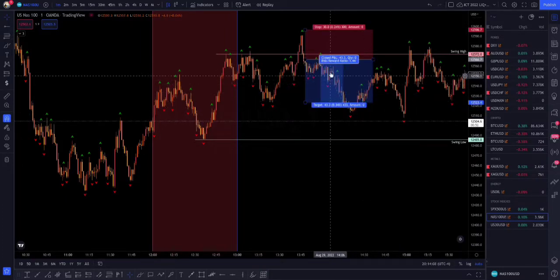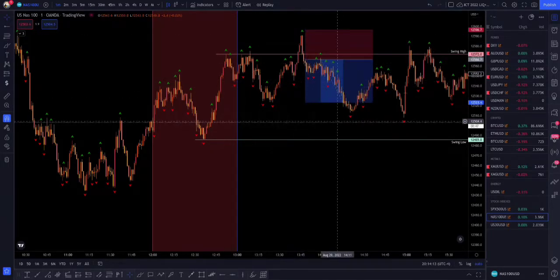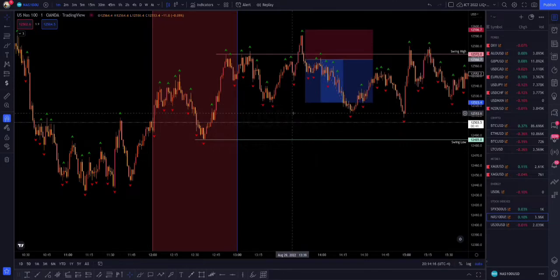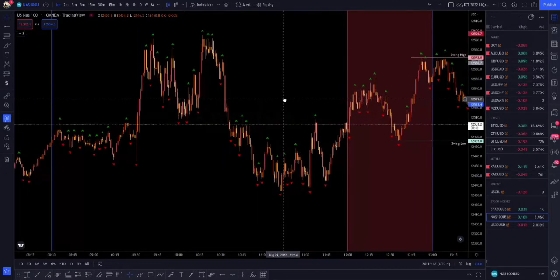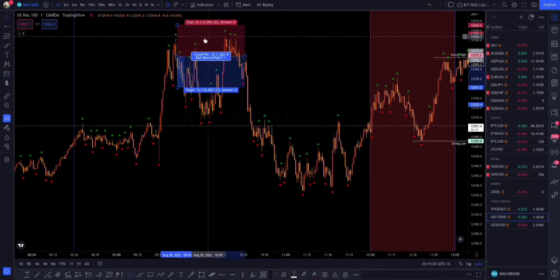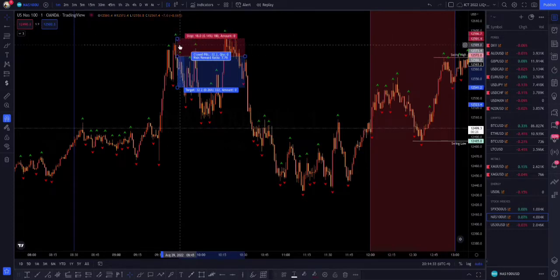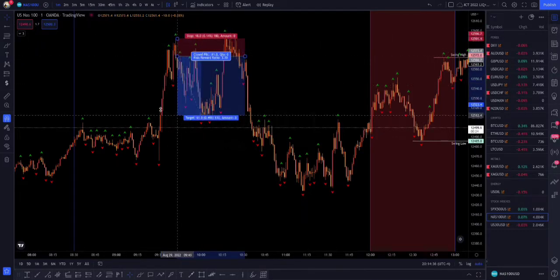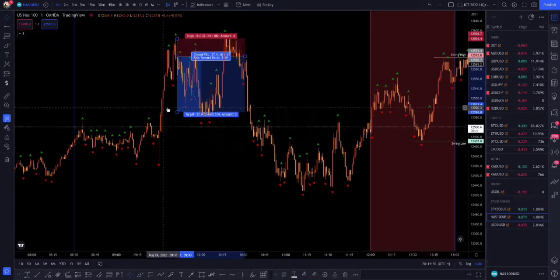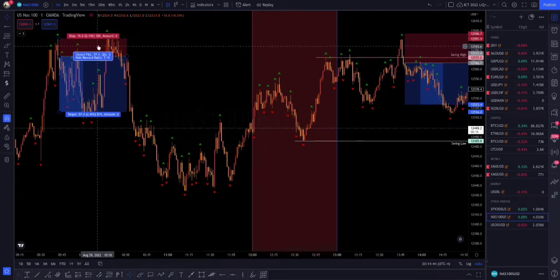That was 43 pips here in the afternoon. And in the morning, I took partial profit right here. That gave me 57 pips, and it came back and stopped me out.